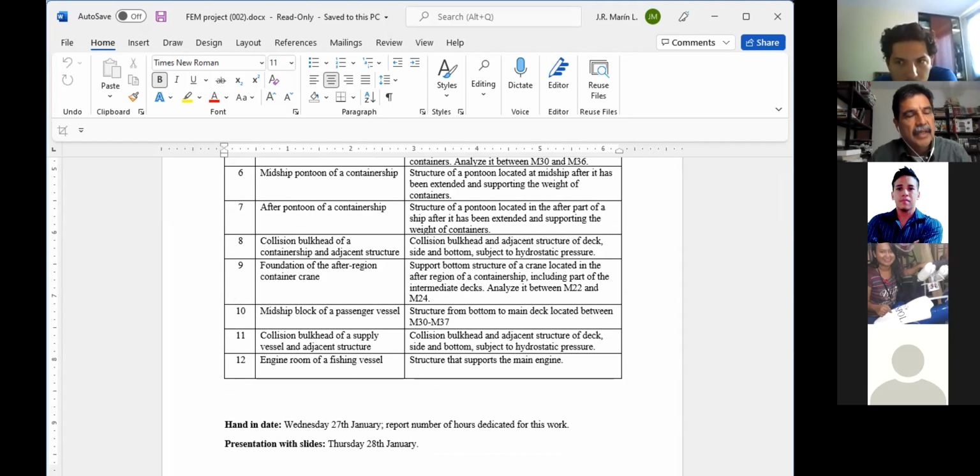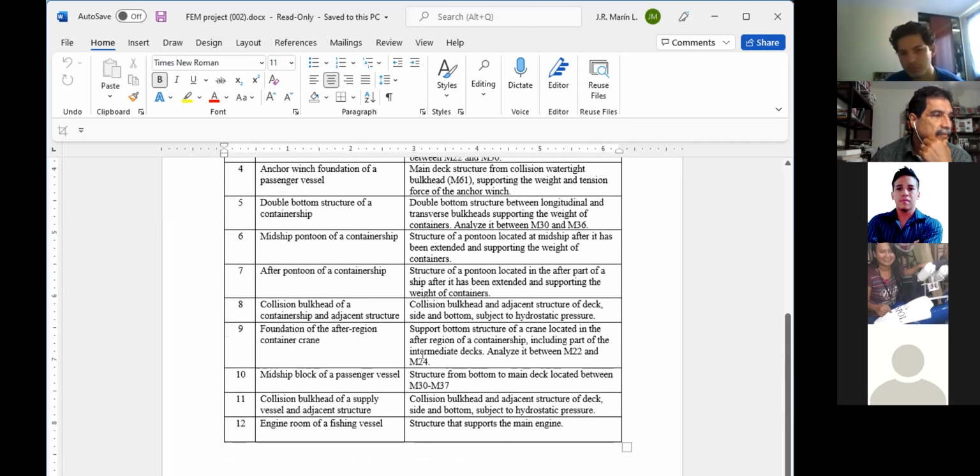So we can model the bulkhead and also parts of the adjacent structure, and analyze three conditions: simply supported, clamped, and including adjacent structure. We can compare and see what the real boundary conditions are, and whether they are closer to either extreme, the simply supported case or the clamped case. That's what you have to do.